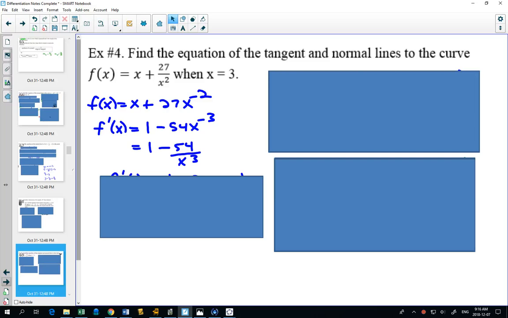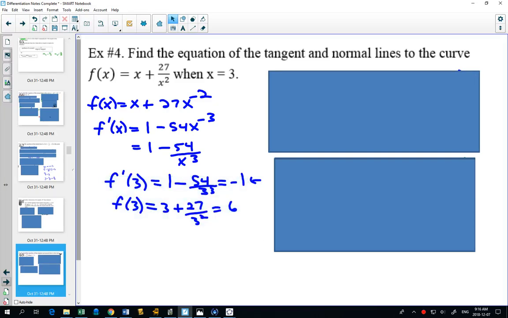When you get x to the -3, you might want to rewrite it as a positive exponent because now we can evaluate. When x is 3, our slope is going to be 6. And that's the slope, or sorry, when x is 3, our slope is going to be -1. And our point, because in order to find an equation of a line, you're going to need a point and a slope.